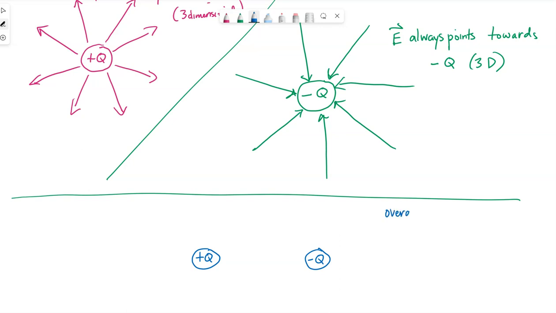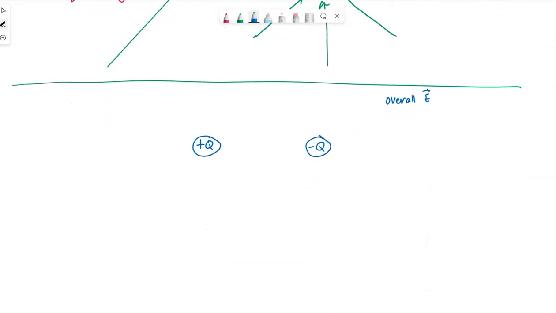The overall electric field in any region of space around charges is simply the sum of the electric fields due to however many charges we have. Here I've drawn two, so we would have an E1 and an E2. I'm going to call our positive charge 1 and our negative charge 2.